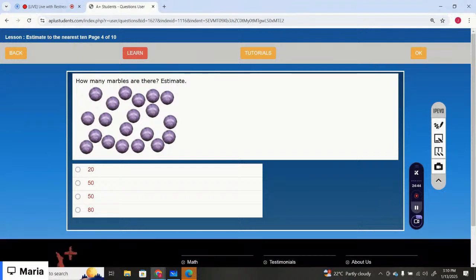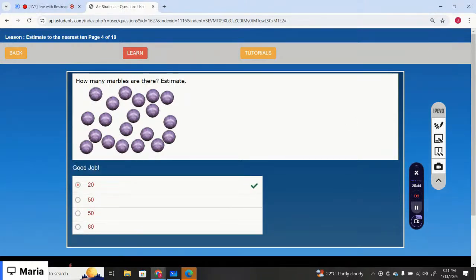How many marbles are there? Estimate. So which is the correct option? The correct option is 20. They are about 20.